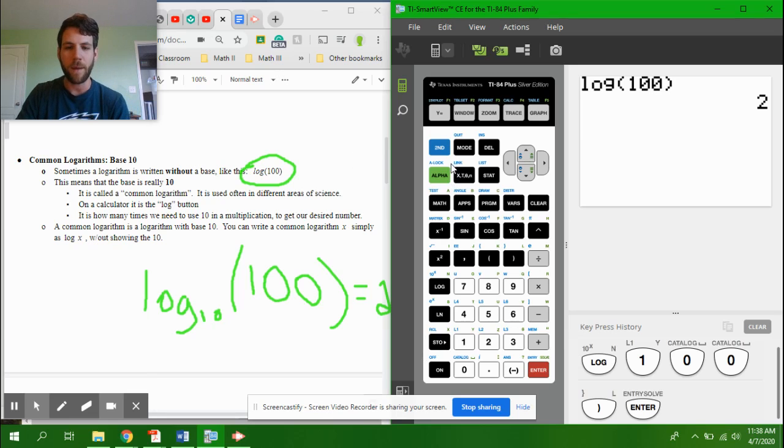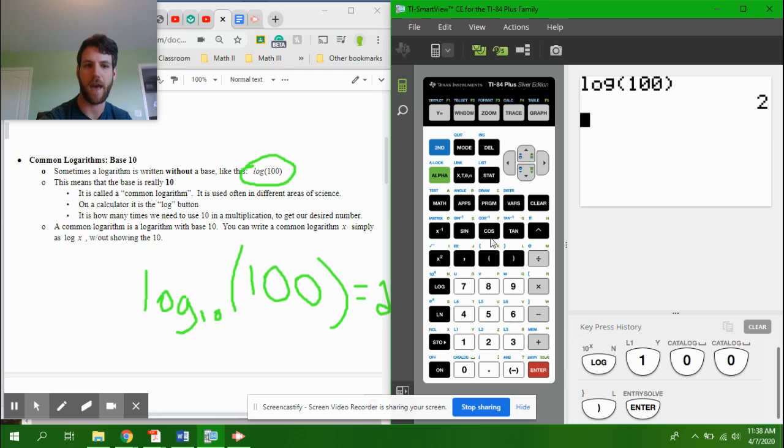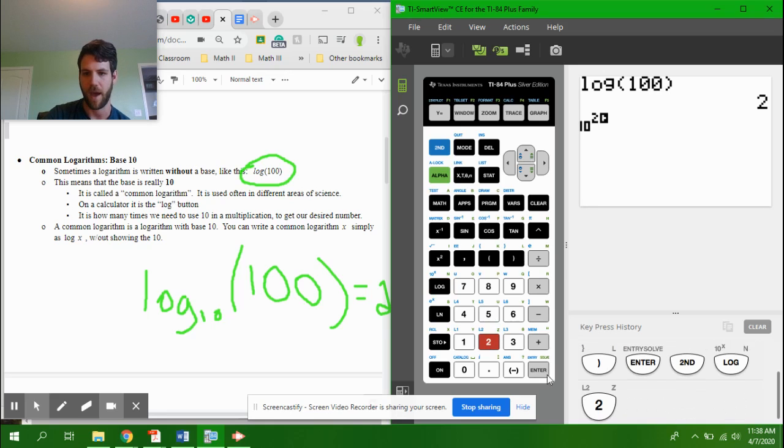We can remember that this common logarithm is base 10 because if I push second and then log, it's giving me a 10 as a base for this exponential. So I could do 10 to the second power, and it obviously equals 100.